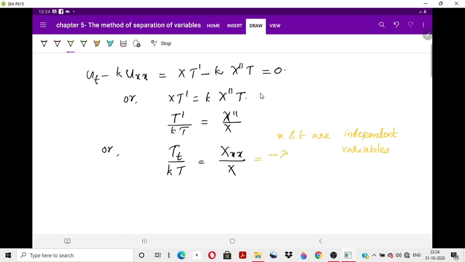There exists a constant, which we take as minus lambda, where lambda is a constant. Lambda is called the separation constant.